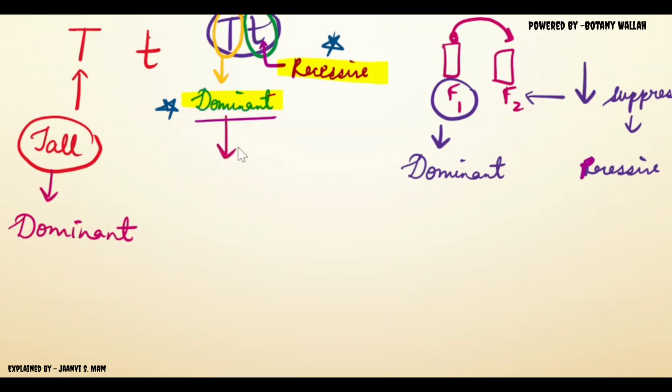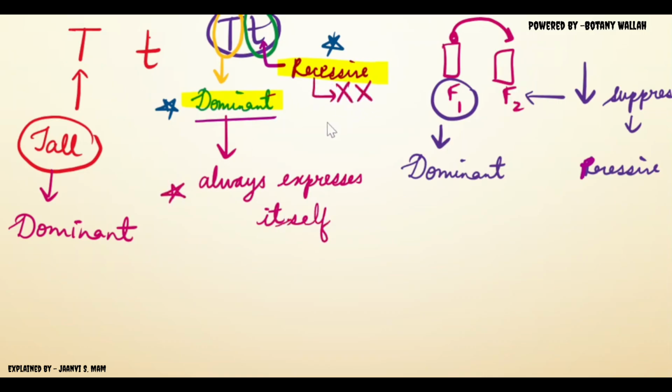Dominant allele is the allele which always expresses itself, I will write it here. And recessive allele is the allele which is not expressing itself.